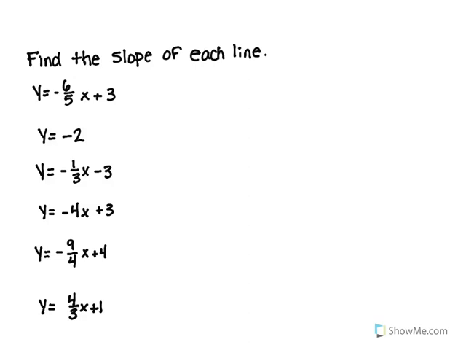Okay, so this should be a review, because we did this actually before we got out of school. But when we have equations that are in the form y equals mx plus b, remember we would say our growth is this m, but growth is actually slope.